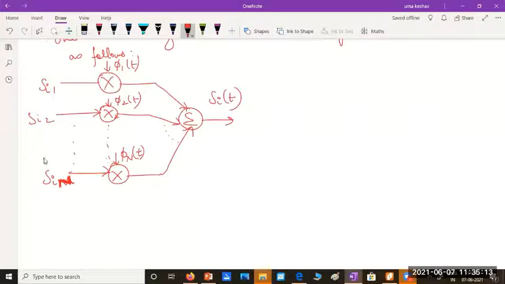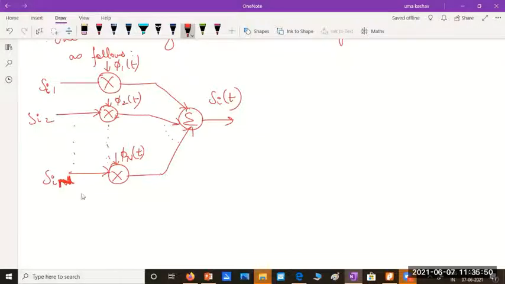You can see Si1, Si2, Sin. I is the first letter in each of these.